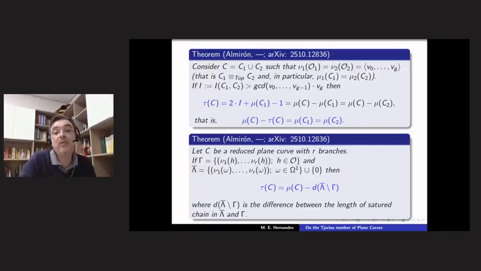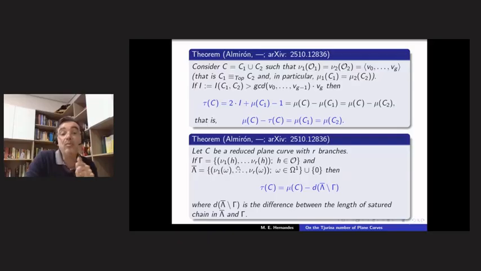Another situation: when you consider the module of differentials and compute all the values of the elements in the local ring, we obtain the semigroup of values of the curve. So the semigroup corresponds to the set of values of the evaluation using the elements in O, and lambda bar corresponds to the set of values when you compute the extended evaluation of the differential forms with respect to F1 to Fr, and you consider the zero in this set.